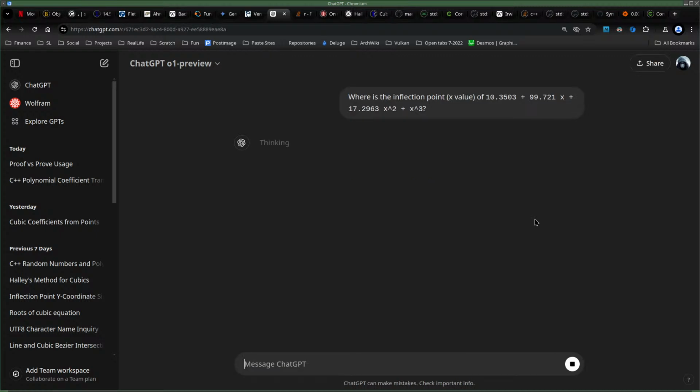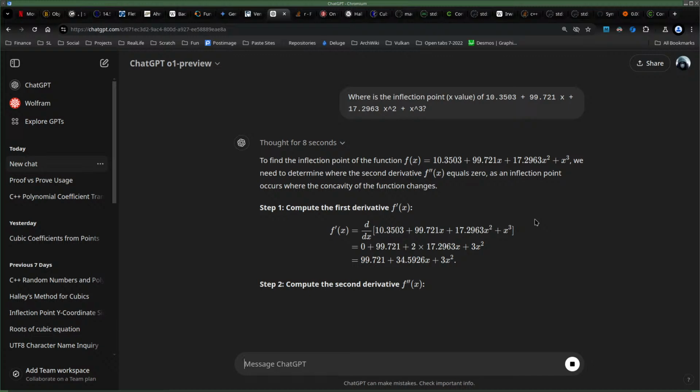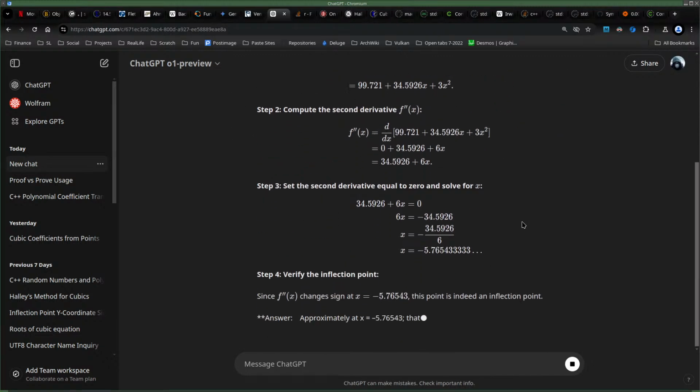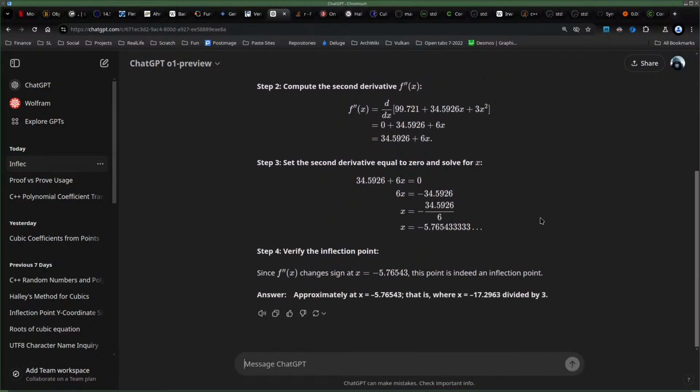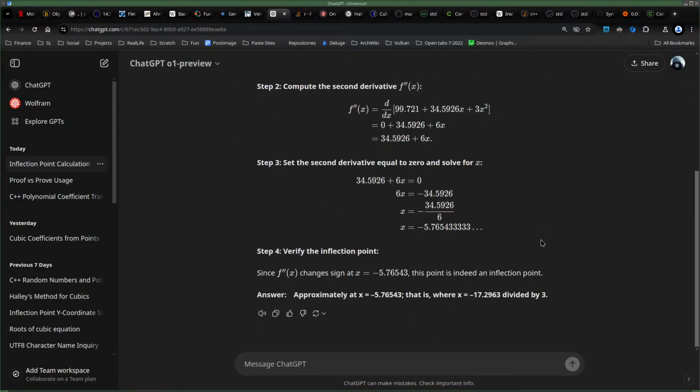And now it's going to print 3 pages of formulas probably. The beginning is stating that the inflection point is the point where the second derivative is 0. Oh, wow. Wow, short answer. Cool, not bad. Not bad at all.